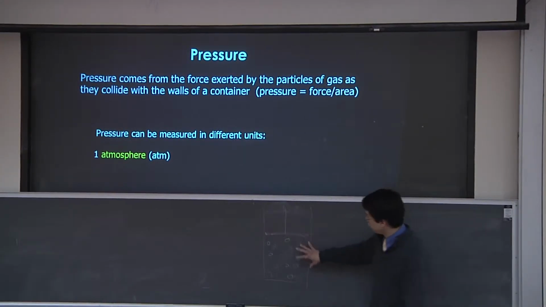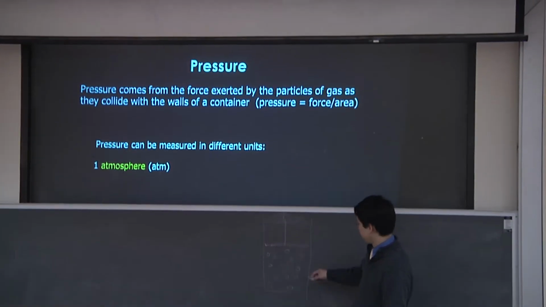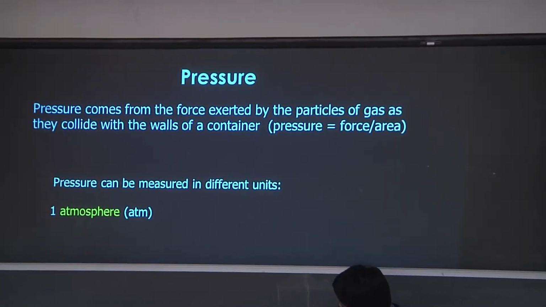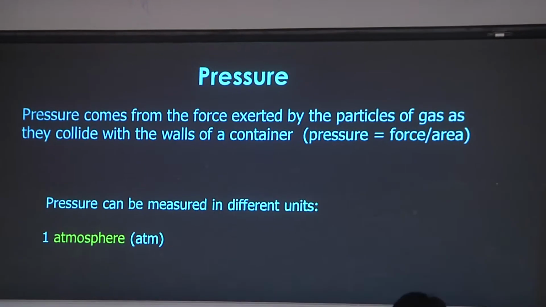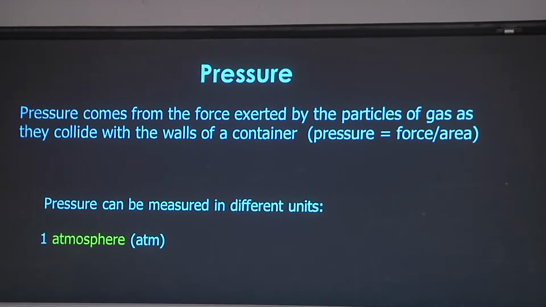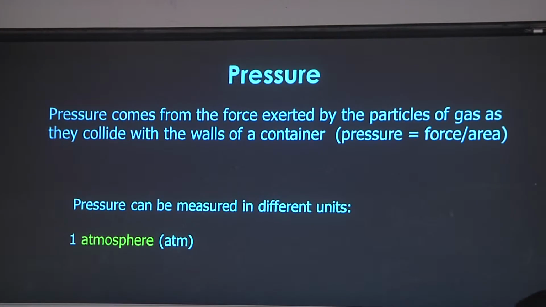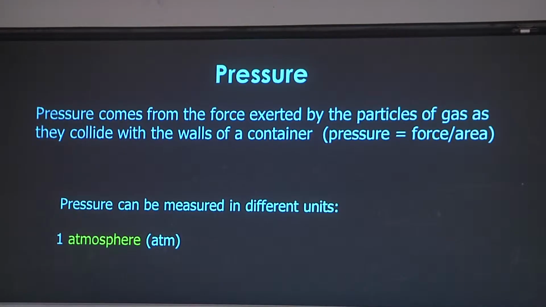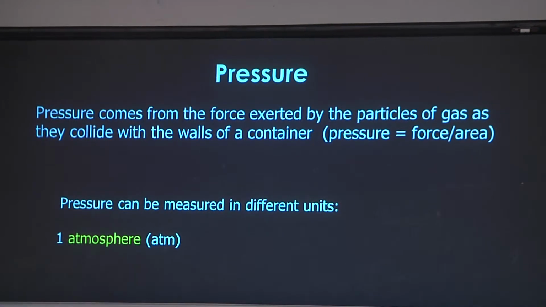If you have gases in a closed container, those gas molecules are going to be moving around, and in some cases they're going to bump into the walls of the container. When they bump into the walls, they exert a force, just like if you were running around and rammed into a wall, you would exert a force on the wall.